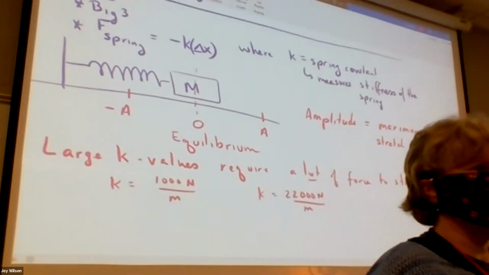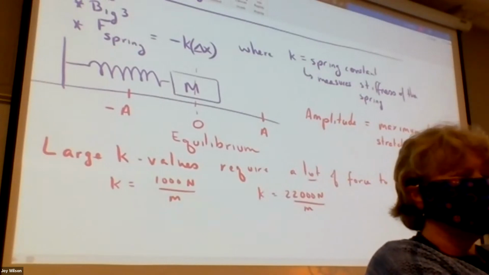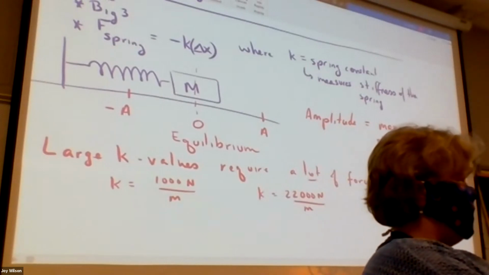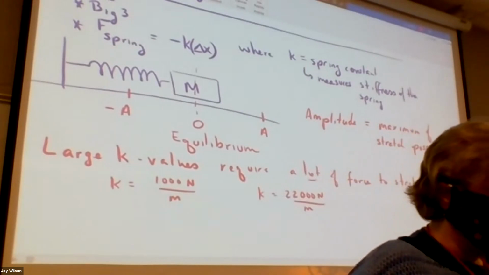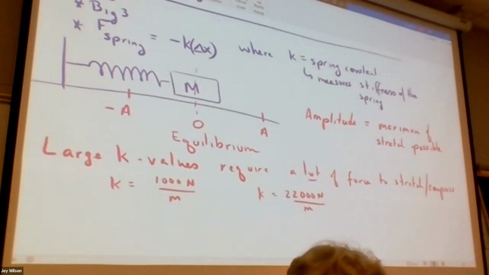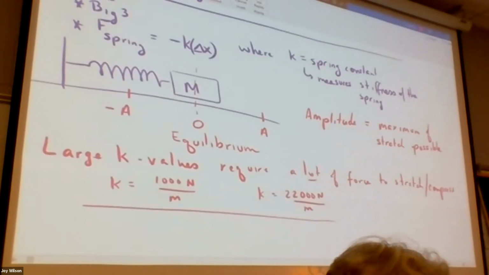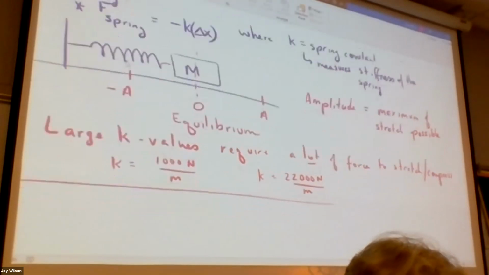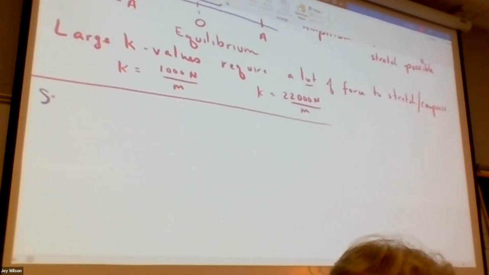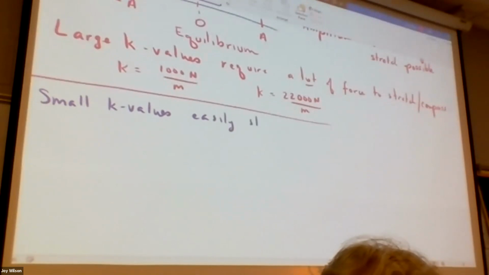So what happens to a very stiff spring? It only stretches little tiny amounts. If I take a slinky, what's a slinky got for a K value? Since we've all probably seen a slinky, really, really low. So for something like a weak spring, small K values easily stretch or compress.